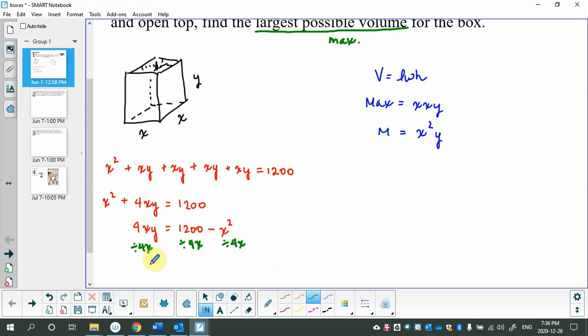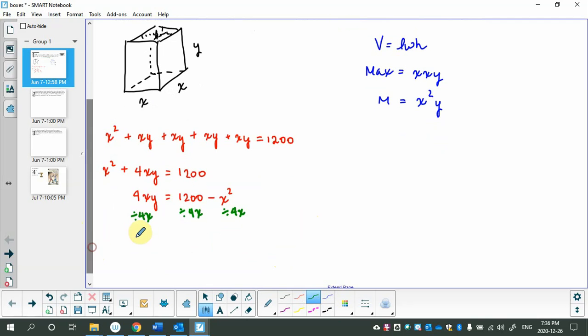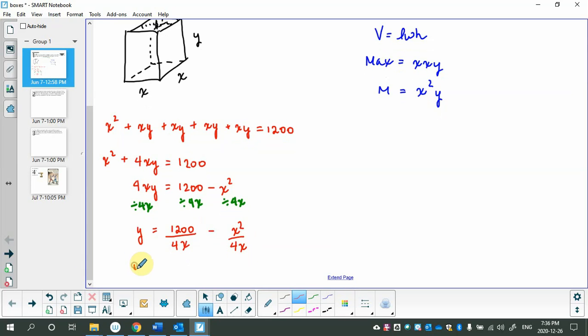So if there was 5 terms, I'd divide it 5 times on the right-hand side. So now I'm going to clean this up. So y equals 1,200 over 4x minus x squared over 4x, and I can do even better than that.